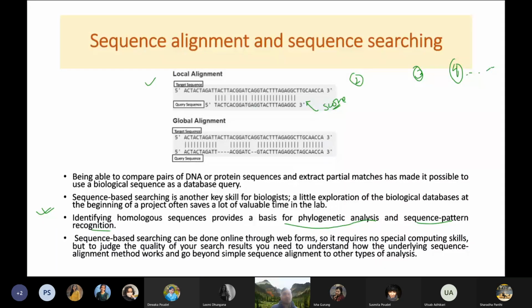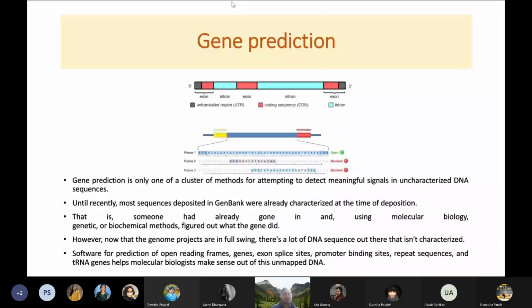Another topic is gene prediction. This is a cluster of methods for attempting to detect meaningful signals in uncharacterized DNA sequence. There are many sequences, and you need to find the meaningful regions. In gene banks, we have many different sequences, and many of them are characterized and annotated, and many of them are not. On the basis of previous sequences, we can do some gene prediction.